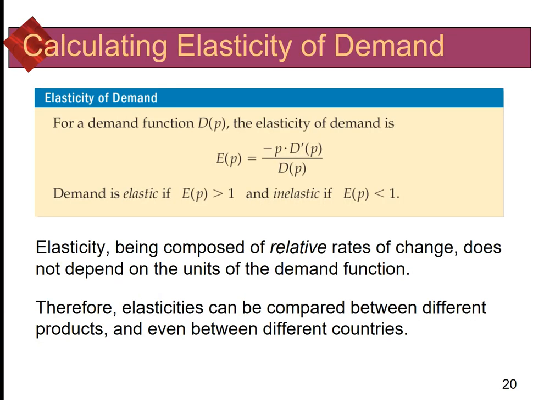If I have that demand function, the elasticity of demand is calculated by doing negative P times D prime of P over D of P. You notice you have that D prime of P over D of P. So basically it's negative P times the relative growth rate of demand. So it's based off of a relative growth rate rather than an absolute growth rate.